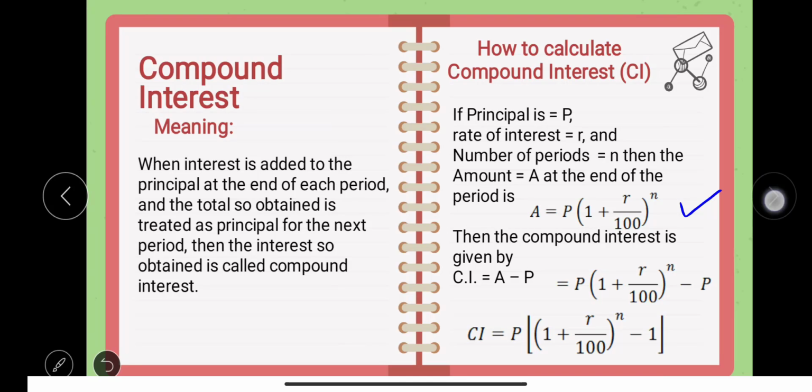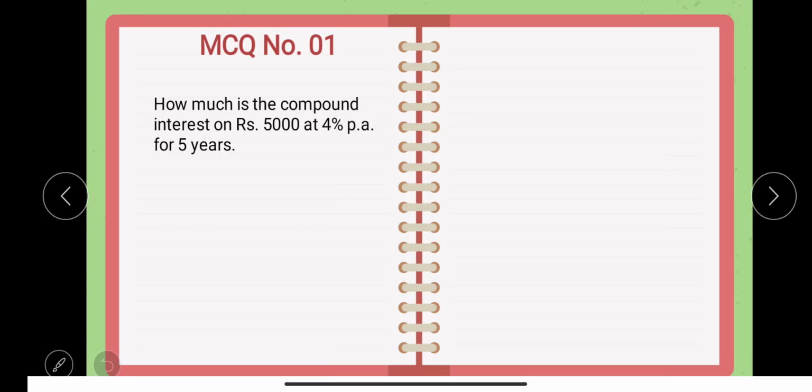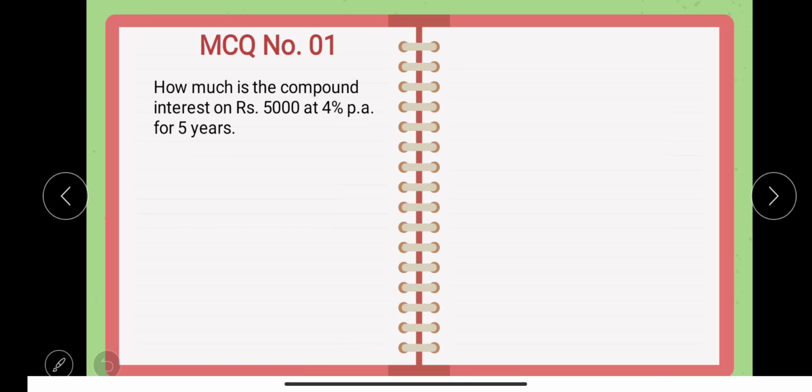Now we can go through the multiple choice questions. The multiple choice questions will be asked on compound interest like this. The first MCQ, number 1: how much is the compound interest on rupees 5,000 at 4% per annum for 5 years?